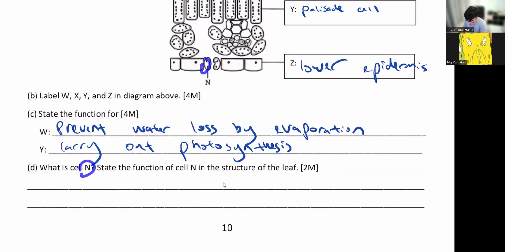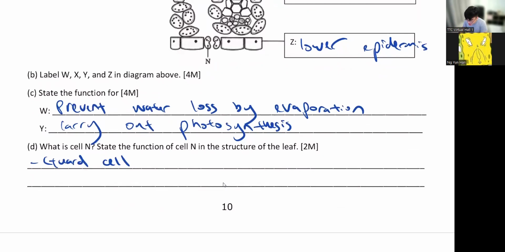And then what is cell N? What is this cell N here? Your N is what we call a guard cell. The opening of your house beside is a guard house. So the opening here, beside it is a guard cell. So what's the function? Your guard house controls the opening of your housing estate, isn't it?